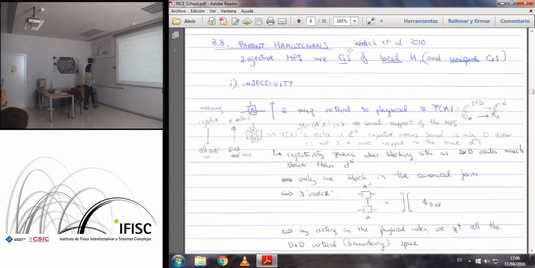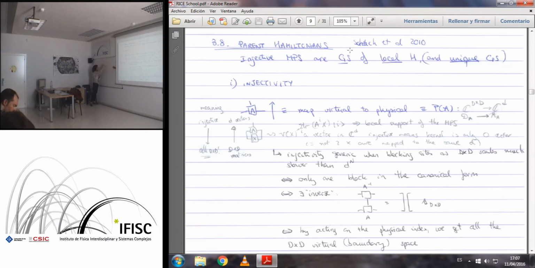A key ingredient to be able to prove these things is this injectivity property. Injectivity, which appears often in these results, means the following. When we take one tensor of the MPS, it has three indices, right? Two virtual ones, so D times D, and then one physical one.